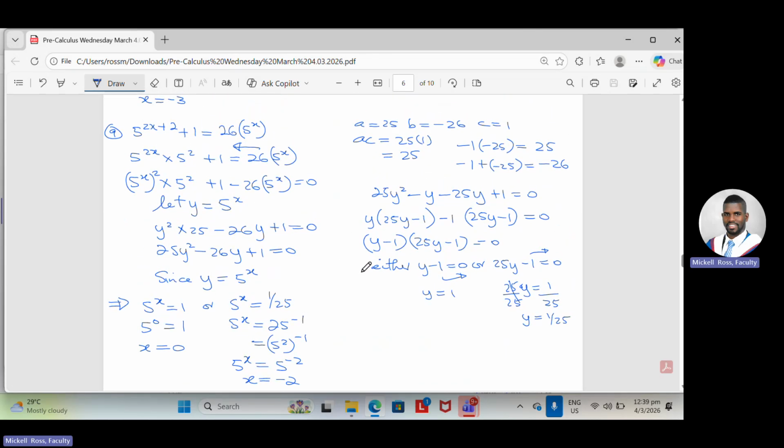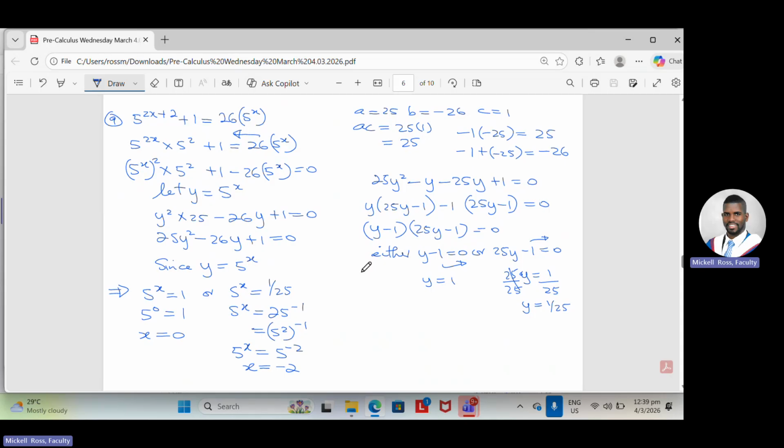So somebody is asking, would it require all of this to solve the question? The only part that can be done in the background, which you not necessarily have to show, is what is done right here. Everything else is necessary for the calculation, all right? Because you have to show the factorization.